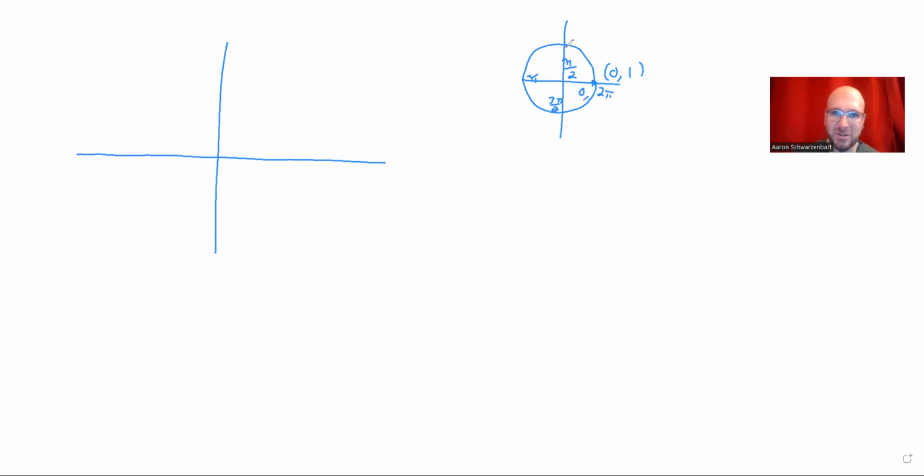And then we can keep going, coterminal angles, 5 pi over 2, 3 pi. Then 7 pi over 2 is the same as 3 pi over 2, etc., etc. And we have these points. And we know that the cosine is the x-coordinate and the sine is the y-coordinate.